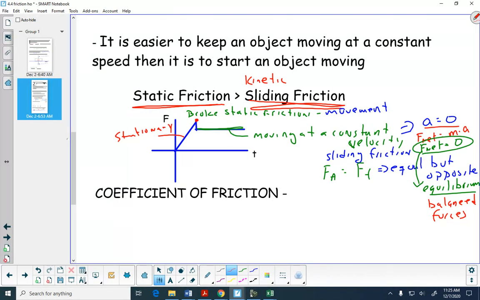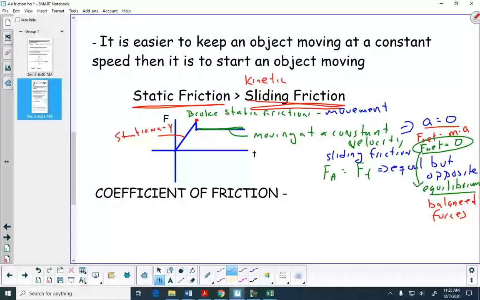If you're traveling on a flat surface, take your foot off the gas pedal and just let the car go.